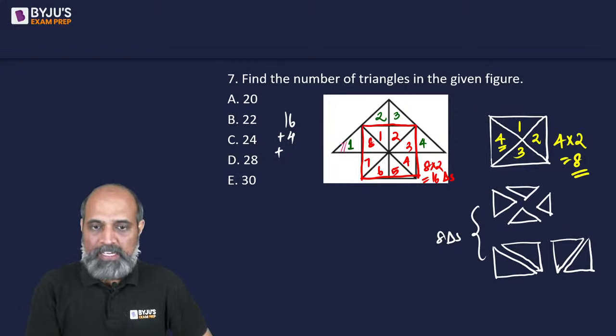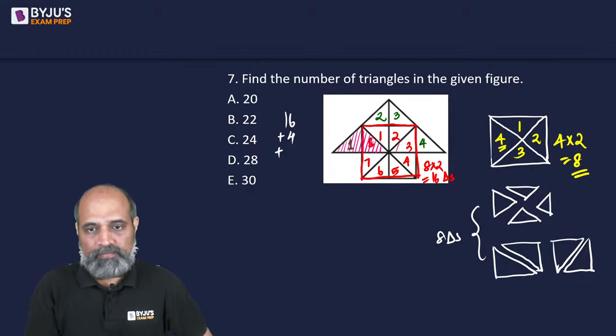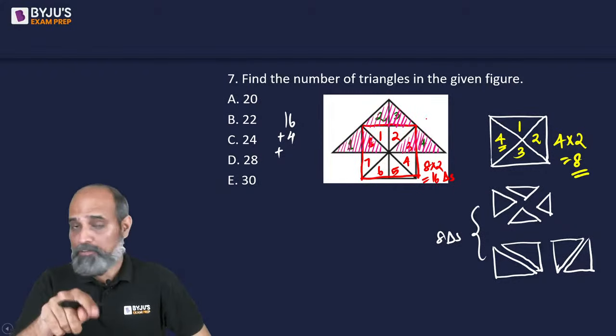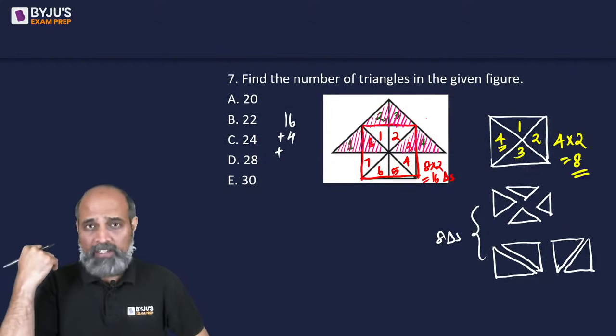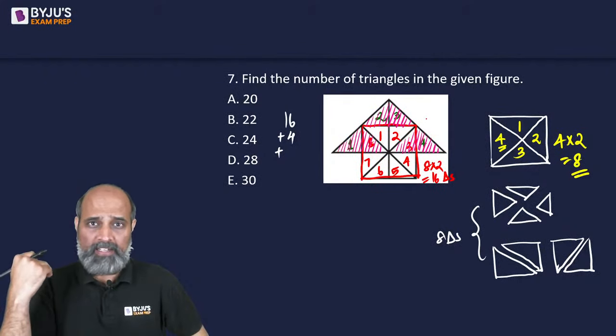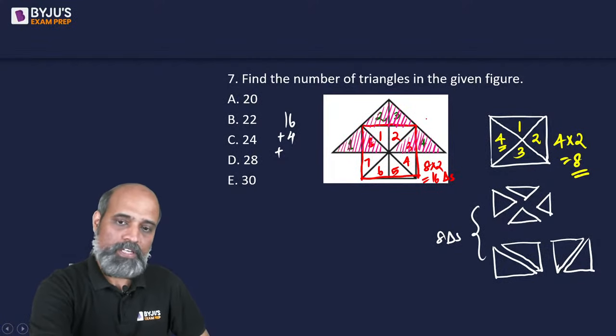Now a few medium sized ones. One, 2, 3. I will not take 1, 2 together. The 1, 2 that is written inside the square, that is already counted as the square's triangle because that is completely inside the square. Okay, so we get 3 so far, isn't it?